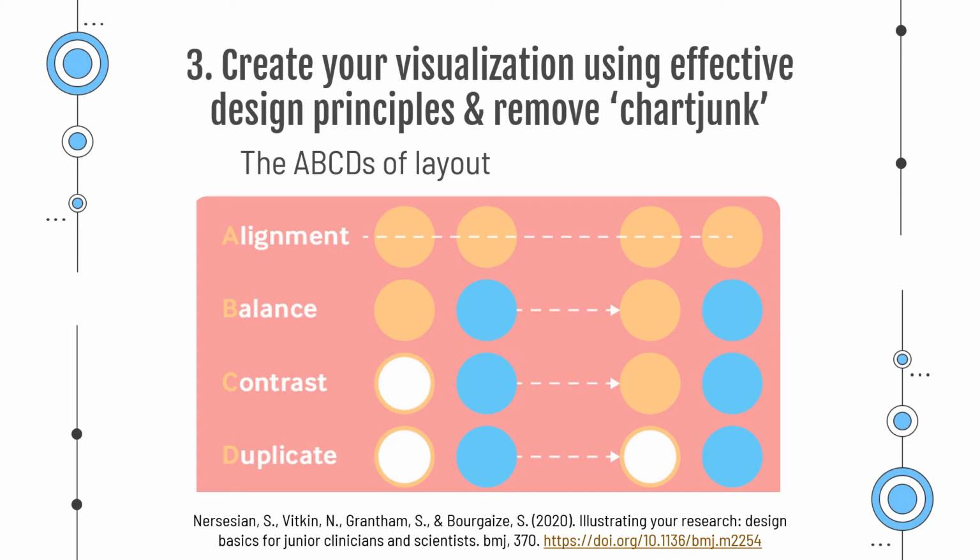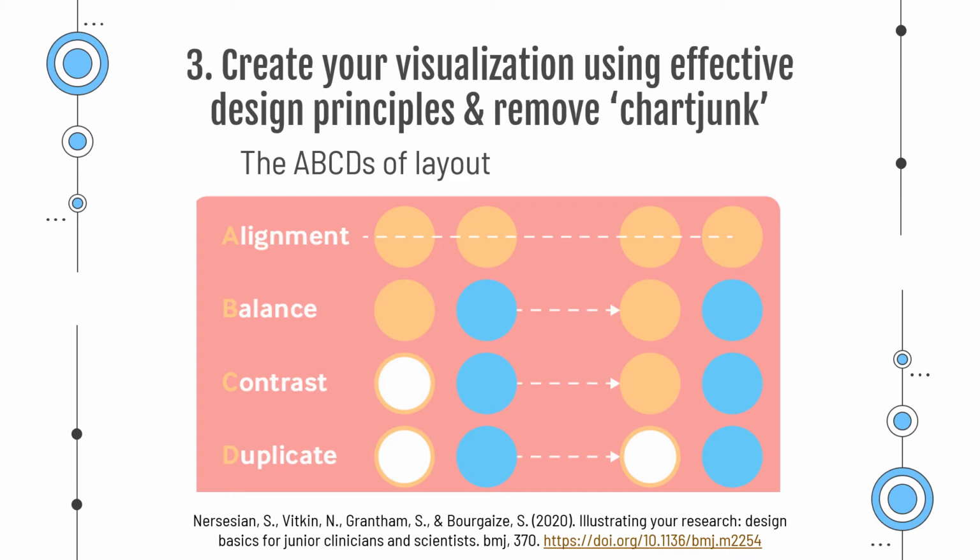Here, alignment refers to keeping different elements of the visual in the same line or plane. Balance means considering the proximity of different parts of the visual with each other, and also ensuring that there is enough white or negative space in the visual so that it doesn't appear cluttered or crowded.